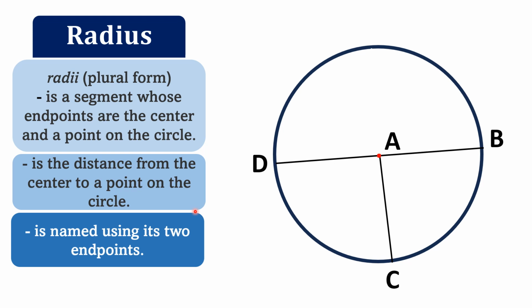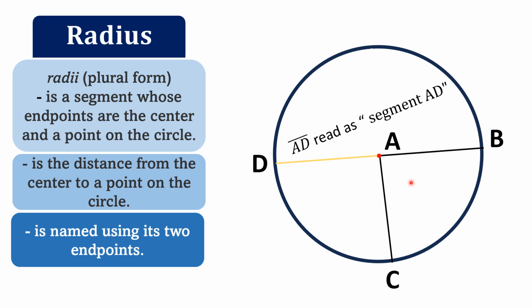So in the figure, the distinct radii or radius is segment AD. In reading or writing the name of a radius, it should be started with the center.